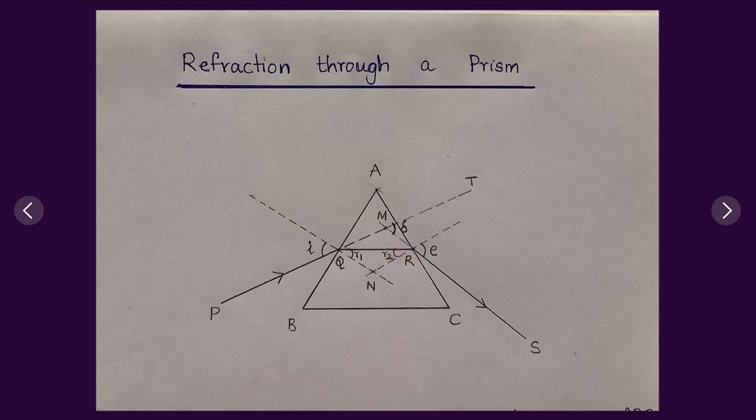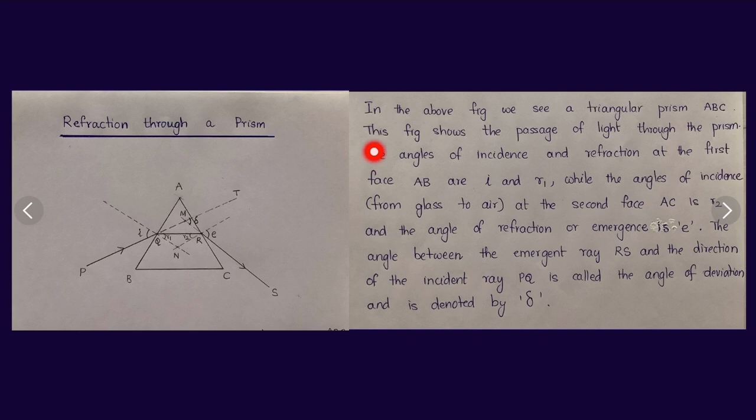Okay, so let's continue. Now, in this figure, we see a triangular prism ABC. This figure shows the passage of light through the prism. The angles of incidence and refraction at the first face AB are I and R1. Already I have explained I and R1.